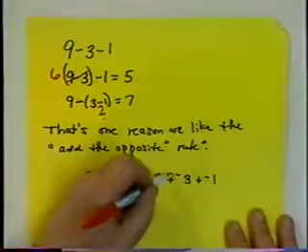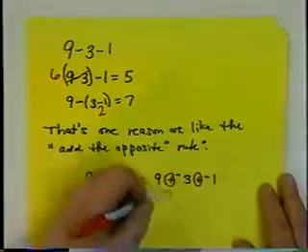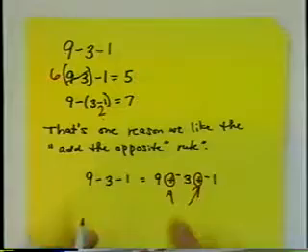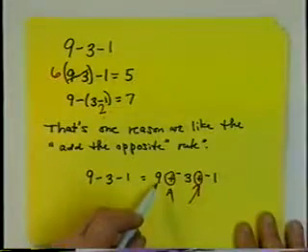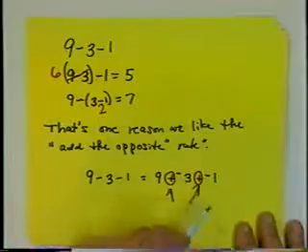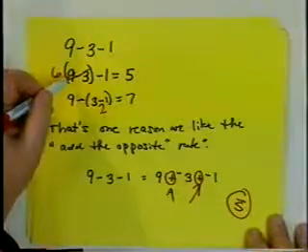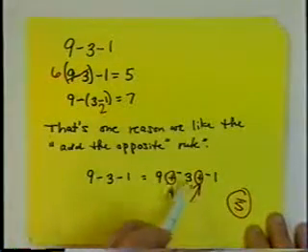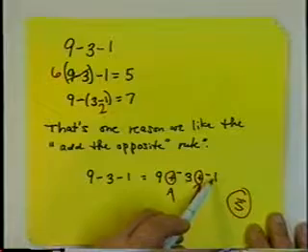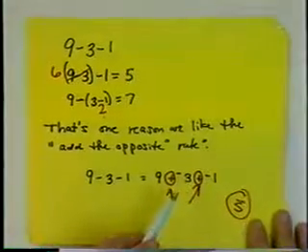Once I have it in this form, notice that there are no more minus signs, just negative signs. This is now a pure addition problem, and now can I move these terms around any way I want? No matter how I add 9, negative 3, and negative 1, the answer is going to be 5. In other words, it will always come up to be this one over here. A $9 profit combined with a $3 loss and a $1 loss is always a $5 profit, no matter what order the transactions are in.